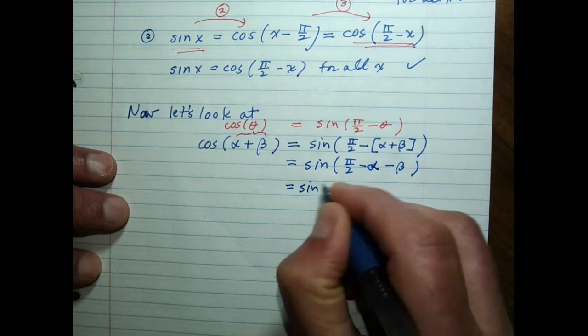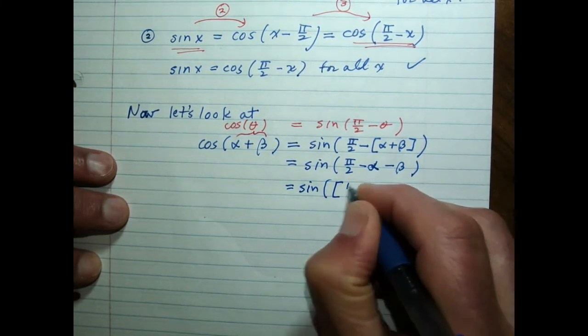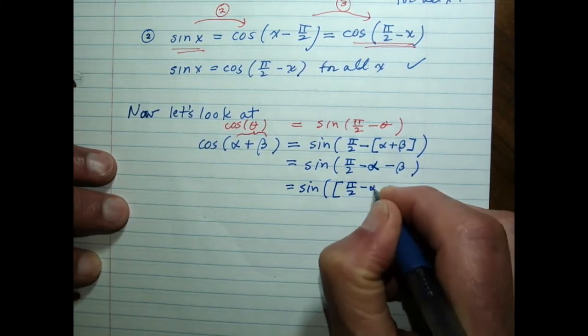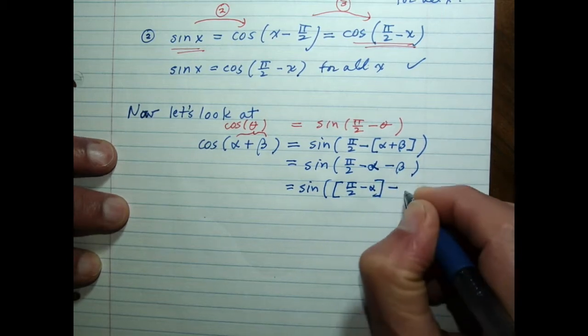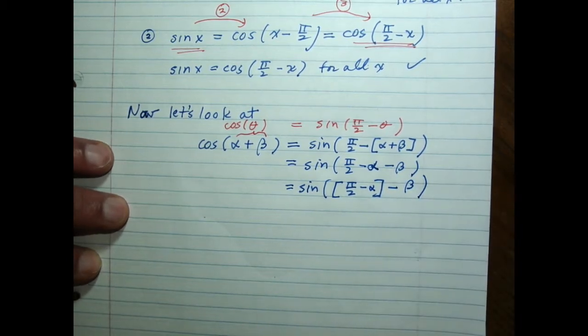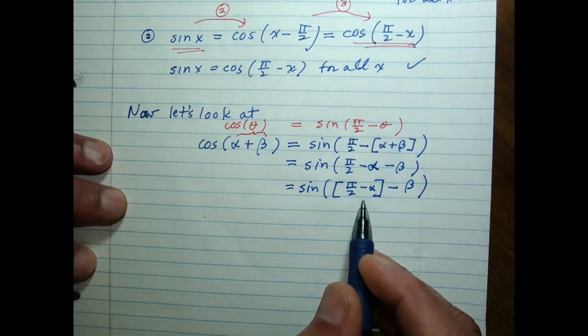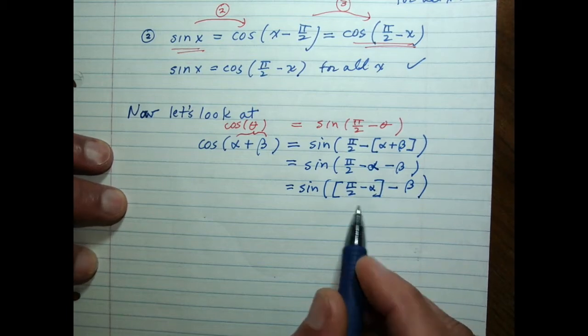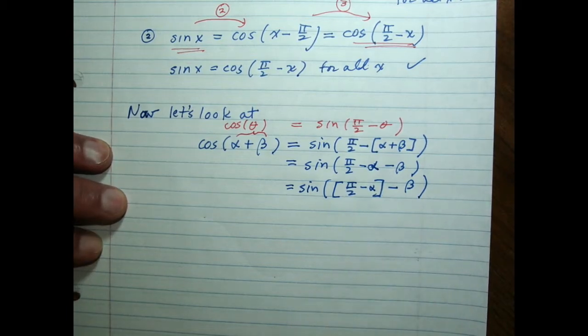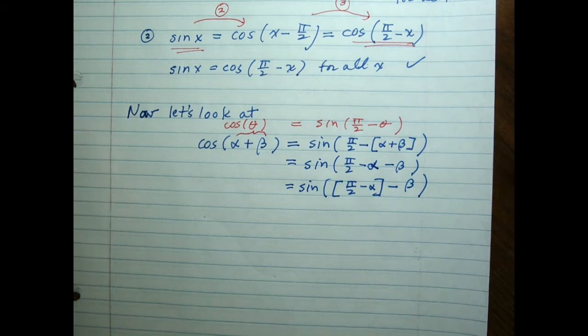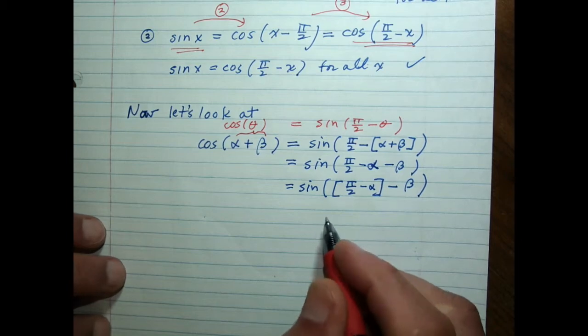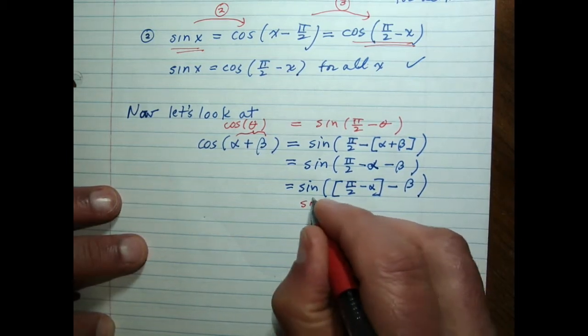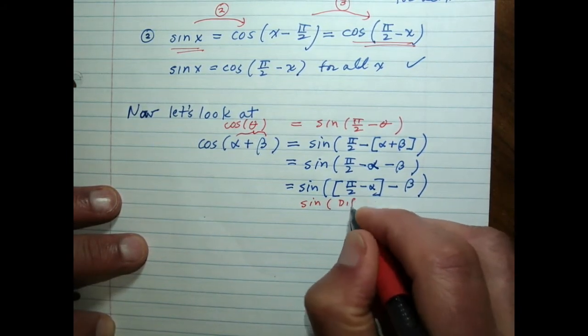I'm going to group the first two terms, pi over 2 minus alpha, minus the beta. I'm going to keep that separate. That's equivalent. And this is sine of the difference kind of form. Sine of the difference of two angles.